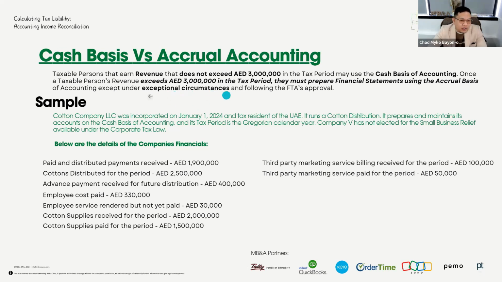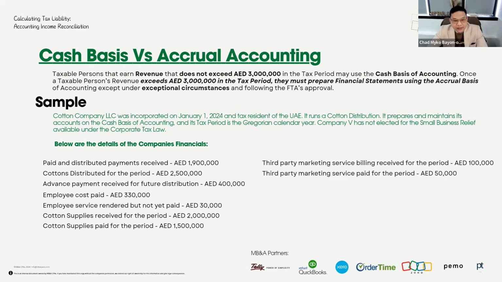Under exceptional circumstances. What are those exceptional circumstances? If it is only happening for one tax period, for 1 year, and then for the next years, it will go back to less than 3 million, that is acceptable for the FTA. Okay?